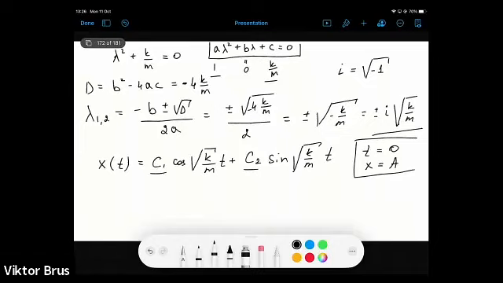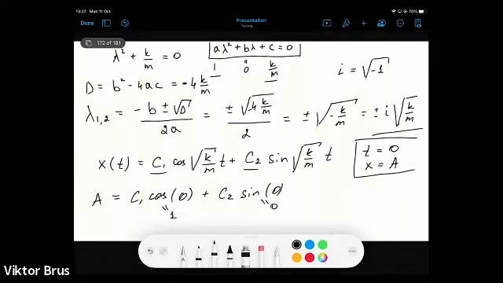Let us apply this boundary condition. So it will be A instead of x, equal to C1 times cosine 0, because t is equal to 0, plus C2 times sine 0. Sine 0 is equal to 0, and cosine 0 is equal to unity.